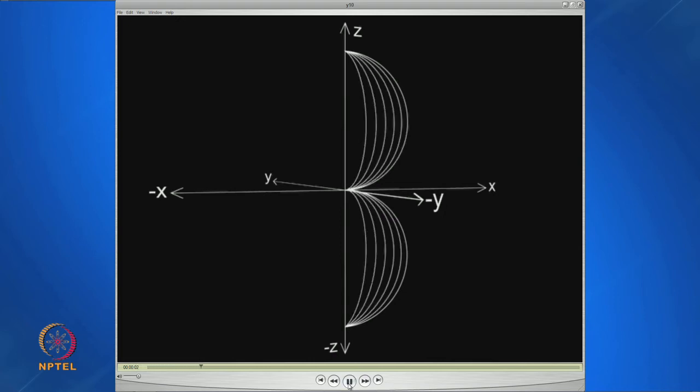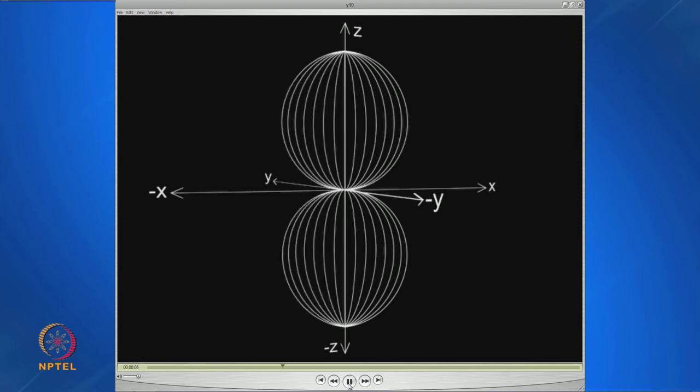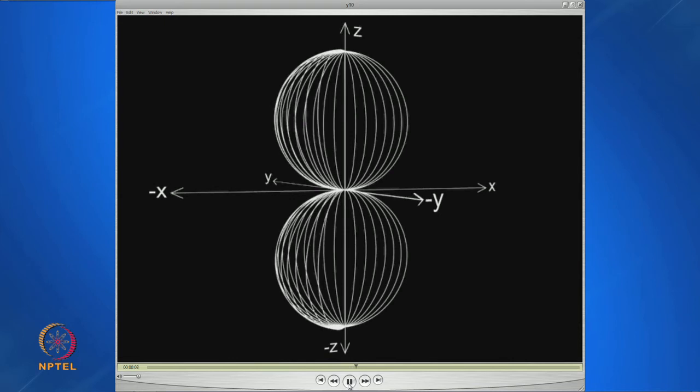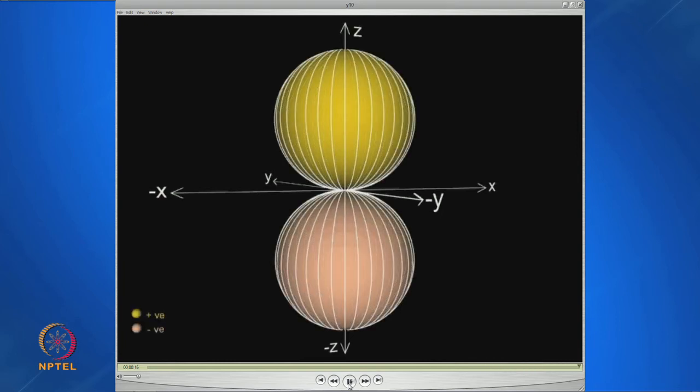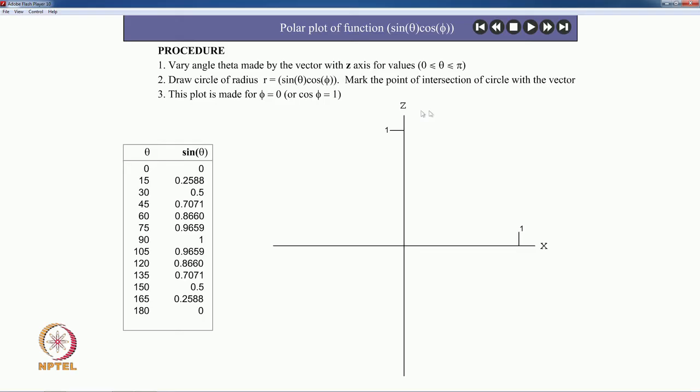If you plot it for all values of phi, you will get the same graph, with of course the plus and minus signs marked on either side of the x axis, because cos theta is negative for theta greater than 90 and that is below the x axis, and above the x axis cos theta is positive. Therefore, this is the standard representation of the p orbital that you see, plus minus lobe, which is nothing but the pz orbital. Then sin theta cos phi and sin theta sin phi are along the other two directions.